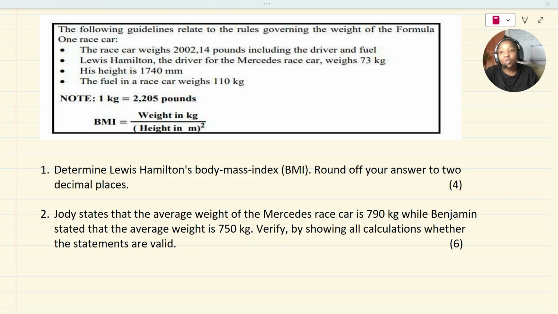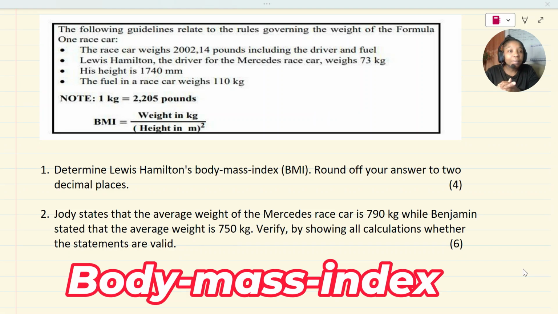So in today's video tutorial, we're going to be having a look at the last activity for BMI for now, okay? Remember in the previous lessons, we looked at what BMI is, and we did mention that BMI stands for body mass index.